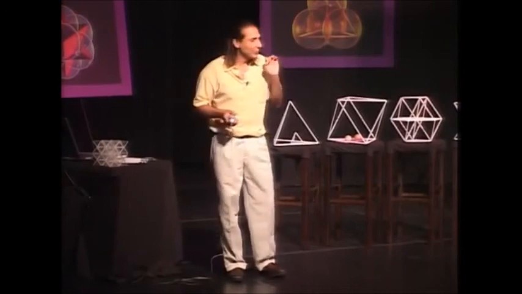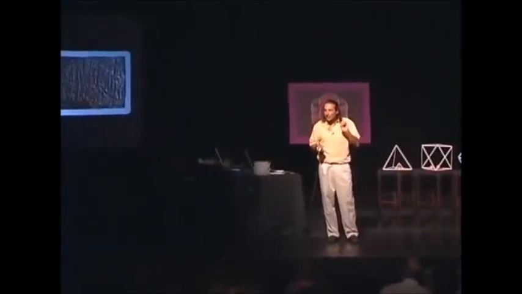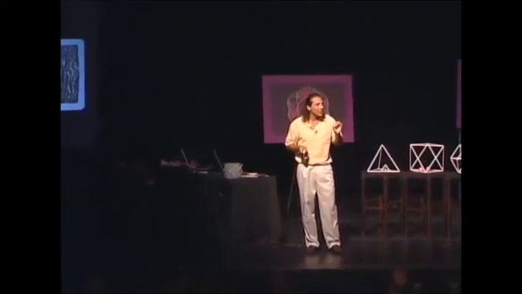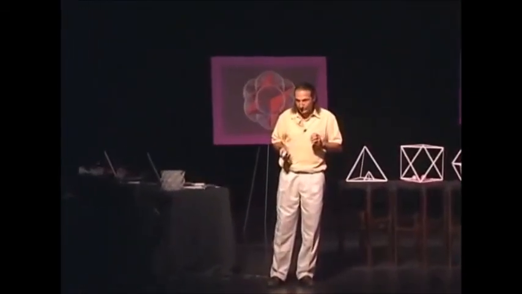Why? Because they were written on copper, not on typical hides or papyrus or anything like that. They were written on copper, and when the copper of these scrolls was analyzed, it was found to be the purest copper ever found on earth.